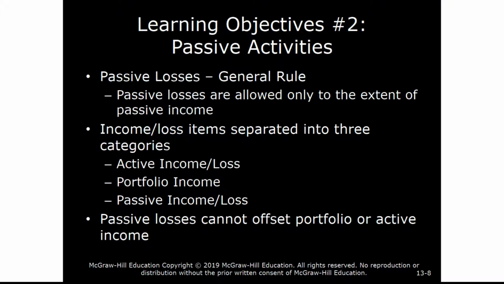So the passive loss rules, this is that second test I mentioned earlier. The passive loss rules apply after the at-risk rules. And what it says is pretty simple. It says that if a passive activity, that is one that's failed all the previously mentioned tests that we talked about in the previous slide, has no gain for the year, for example, and that is in any passive activity, then there can be no passive losses taken even if they met the at-risk rules.